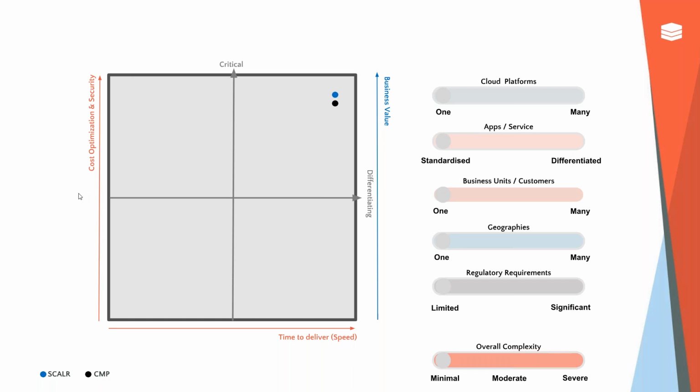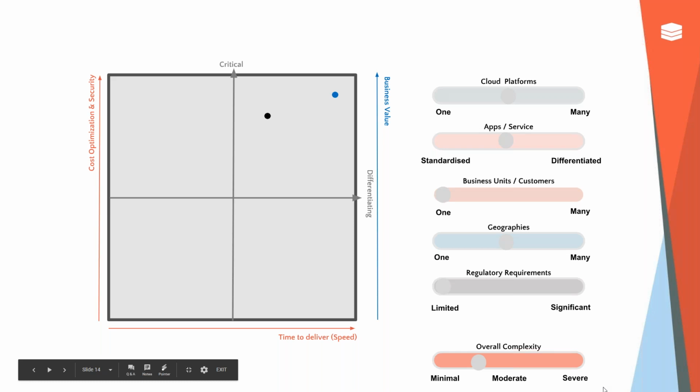But for now, if we just look at Scalr versus the traditional CMP approach, as you start to increase the complexity, as you start to add platforms and applications and different business units, geographies, the challenge becomes: how do you do it without slowing things down? As we pointed out before, you don't really want to lose much on the cost optimization and security, because again, every request is checked against policy.